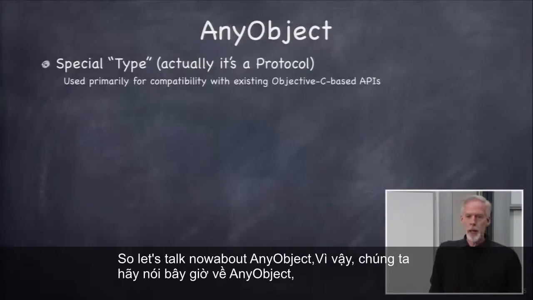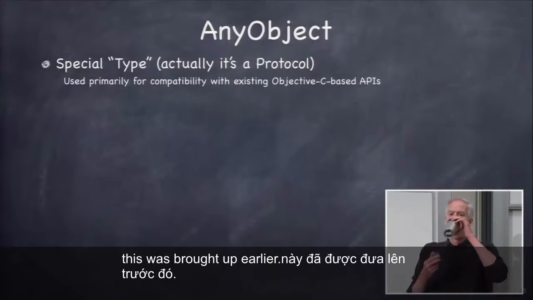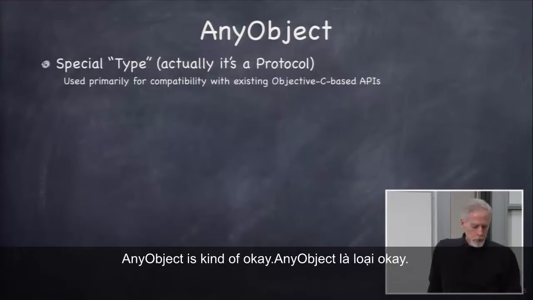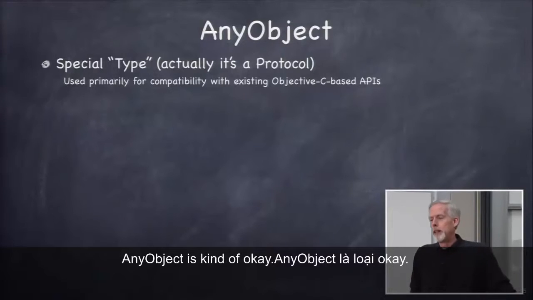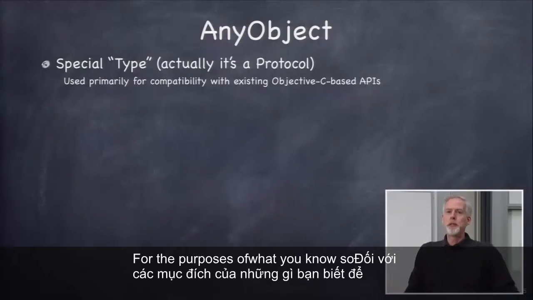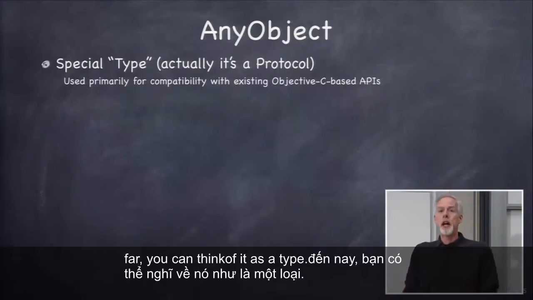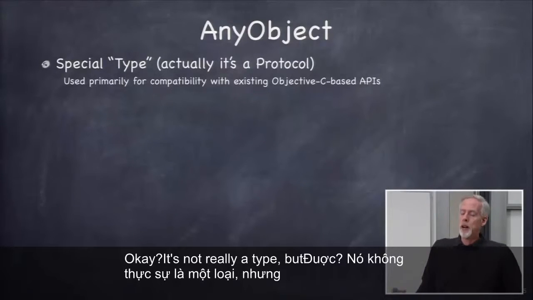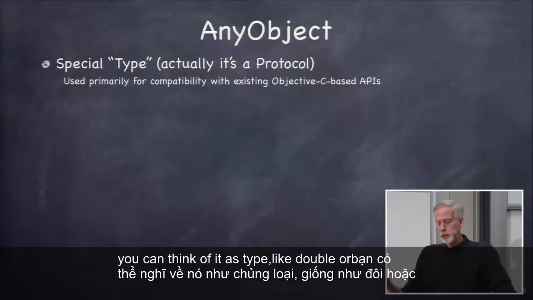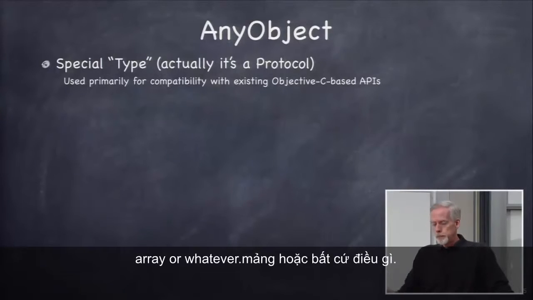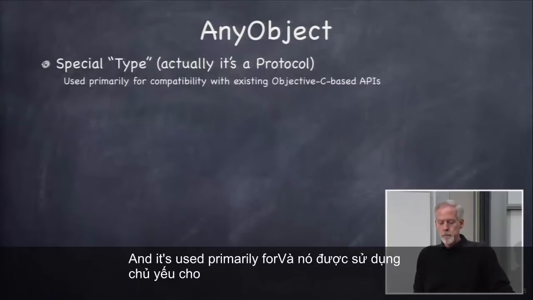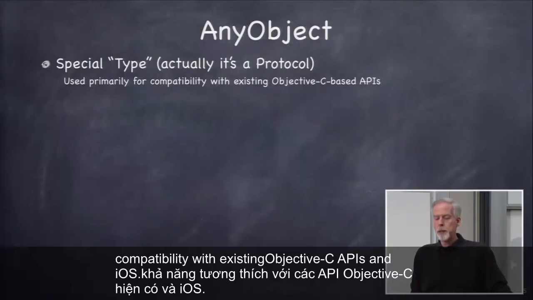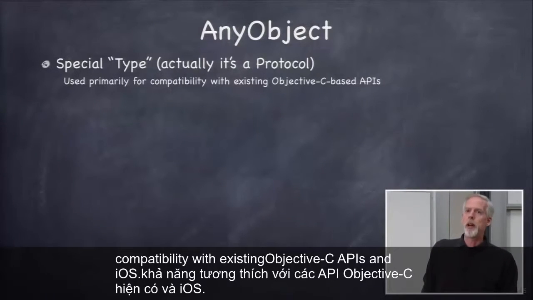Okay, so now let's talk about AnyObject. This was brought up earlier. Okay, for the purposes of what you know so far, you can think of it as a type. Okay, it's not really a type, but you can think of it as a type, like double or array or whatever. And it's used primarily for compatibility with existing Objective-C APIs in iOS.